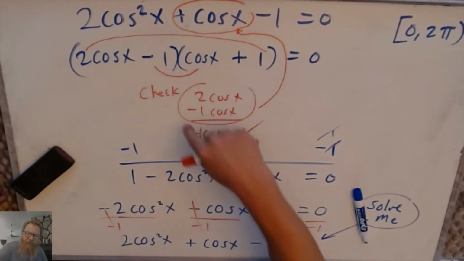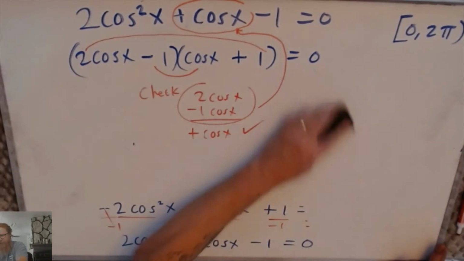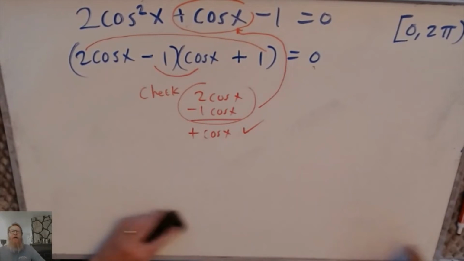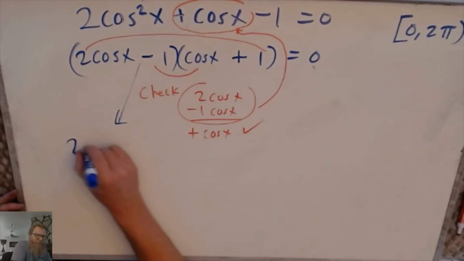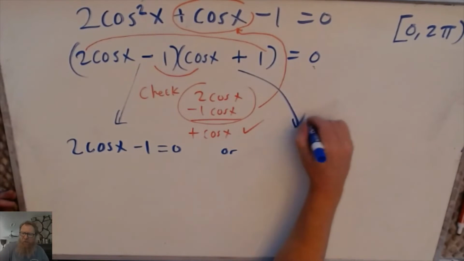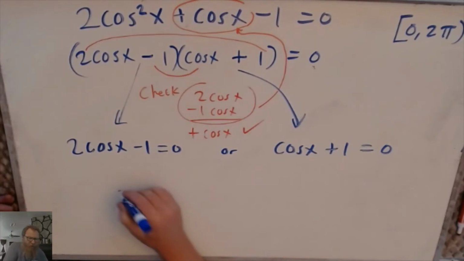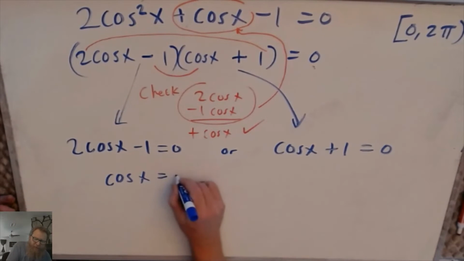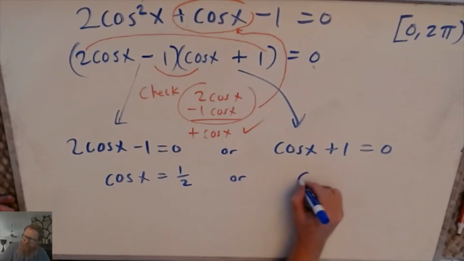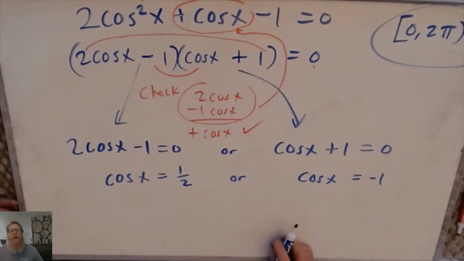I don't like to write the invisible 1, and I don't presume that you will either. So much like the last problem, we're then going to split this up: 2 cosine x minus 1 equals 0, or cosine x plus 1 equals 0, and solve these independently and give me all of the solutions in the interval 0 to 2 pi.